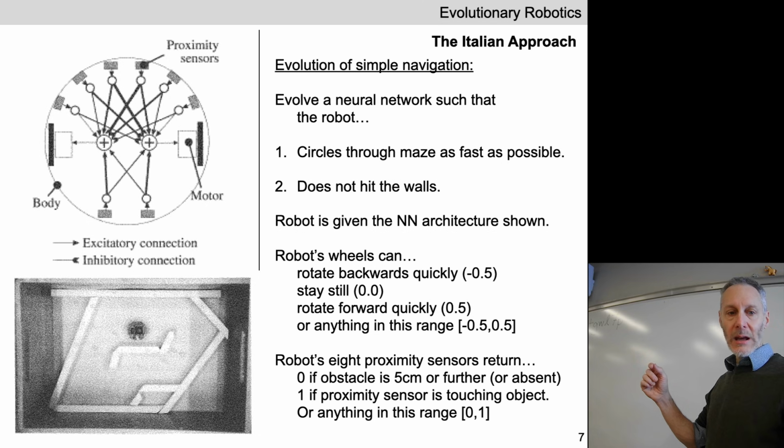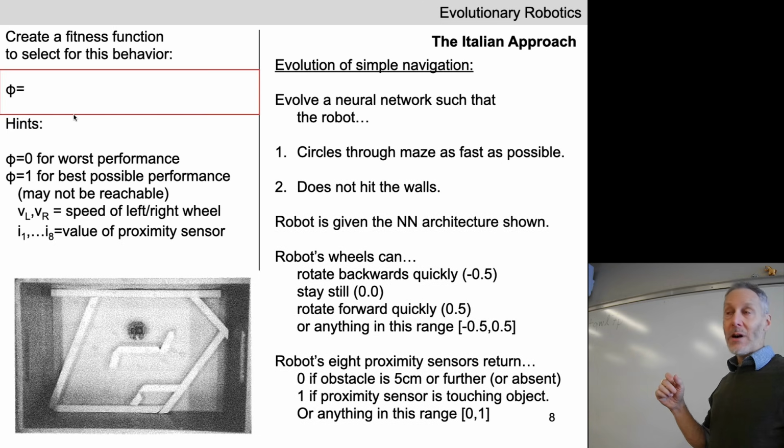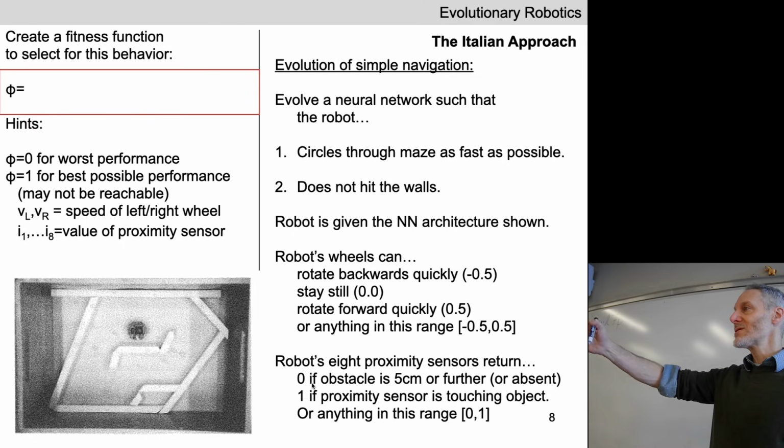Okay. So I ended last time by giving you some optional homework to do, which is to dream up a fitness function. How do we actually give the computer an equation that it can compute to determine how well or how poorly the robot is doing or what we want it to do? We're going to compute that fitness function from values of the sensors, specifically the values of the 8 proximity sensors. A firing of 0 means there's no obstacle or obstacles are really, really far away.